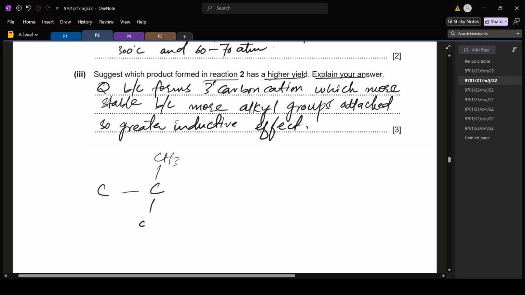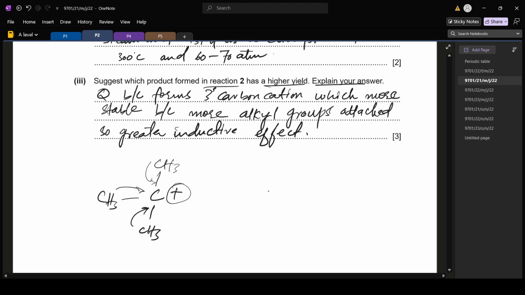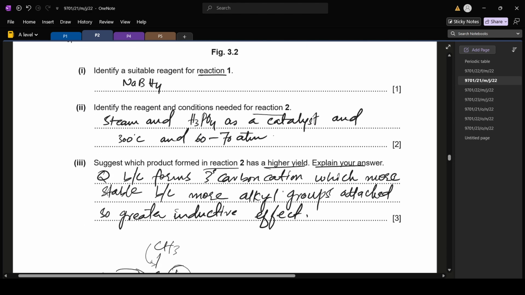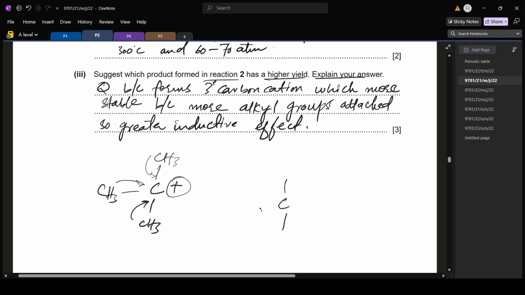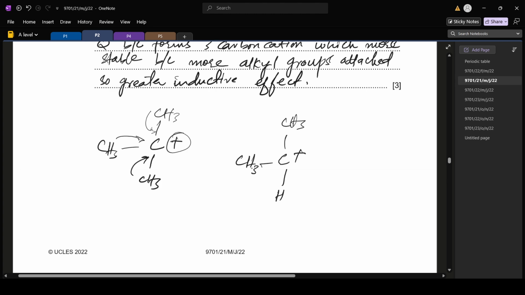In Q we have a carbocation like this. This is a tertiary carbocation. So all these alkyls will donate electrons to C plus, so the charge density of C plus will reduce. And in R, you will have a carbocation like this, with two alkyl groups attached.